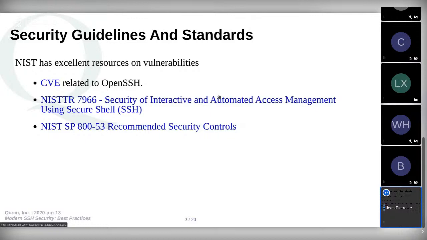Definitely, if you're using SSH in your company or enterprise, you should definitely take a look at this document. And then in general, the SP 800, if folks aren't familiar with this, this is NIST recommendation for securing an enterprise. And they have some excellent documentation that's actually fairly readable and a lot around SSH.